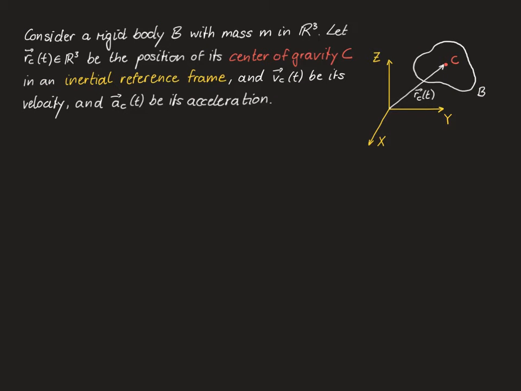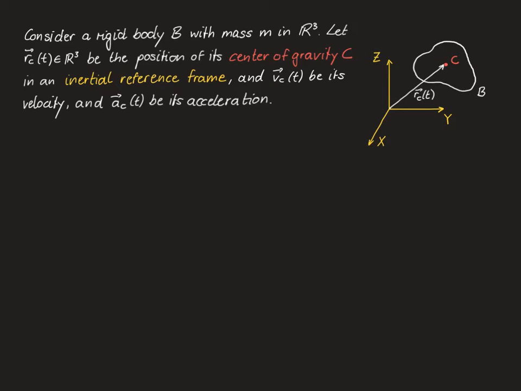Next, let's look at the translatory motion of a rigid body with mass m in space. Remember that in kinematics, we were allowed to choose an arbitrary reference point of the rigid body. Now, in dynamics, it's important that we actually select the center of gravity of the rigid body.